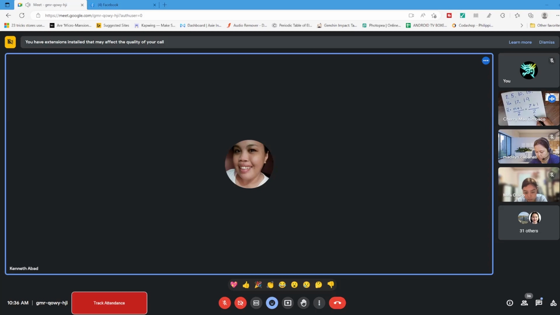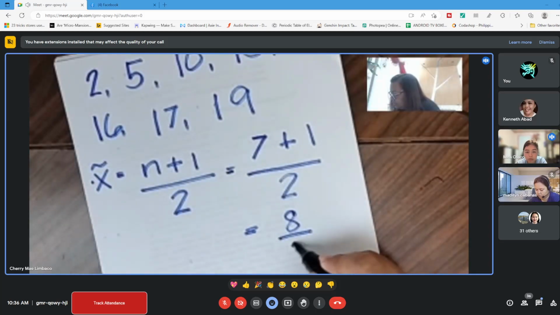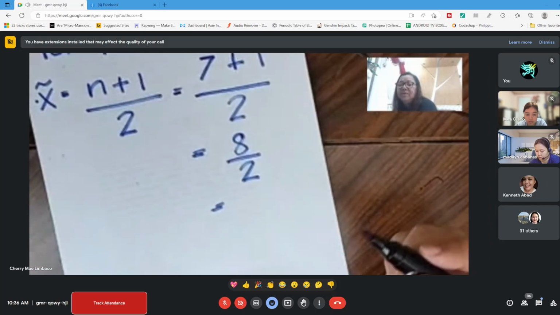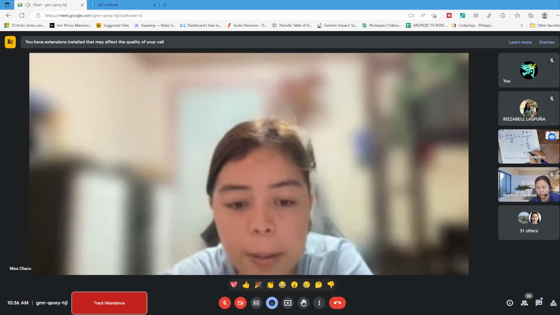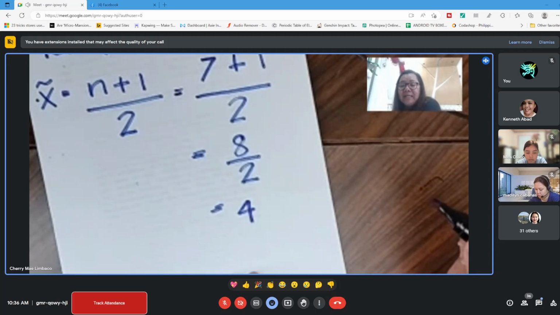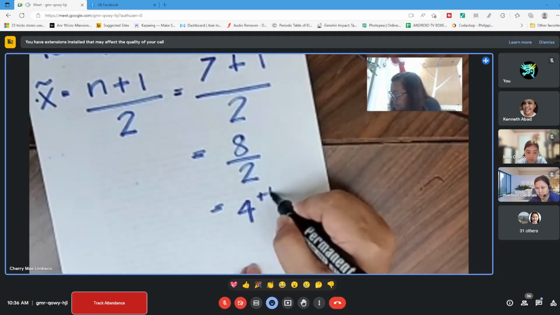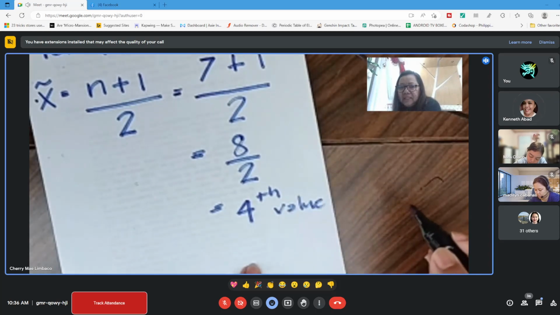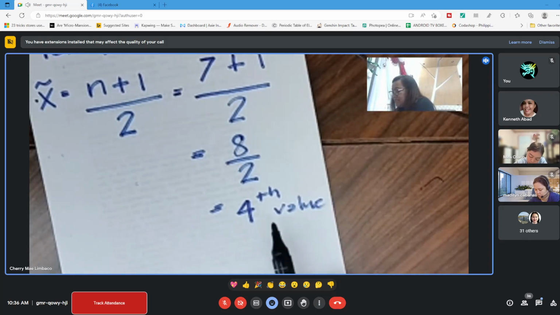The answer is 4. But 4 is not yet the final answer. It means the median is the fourth value.